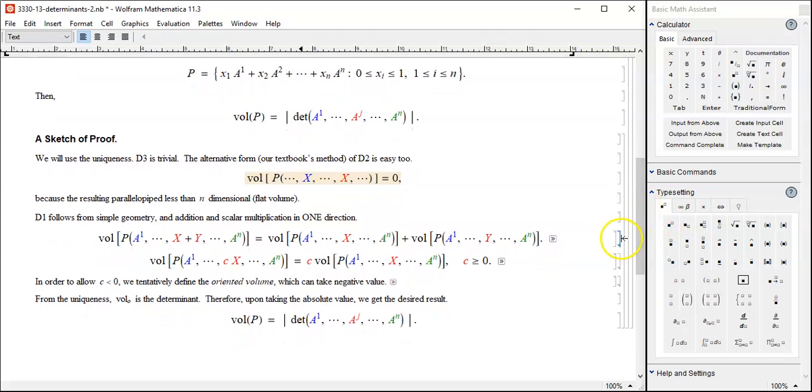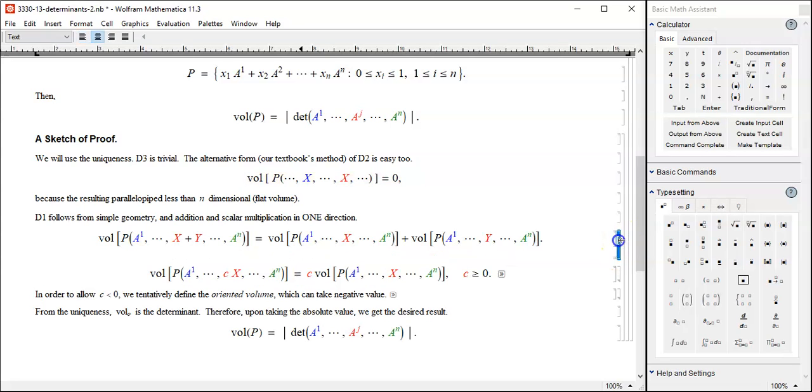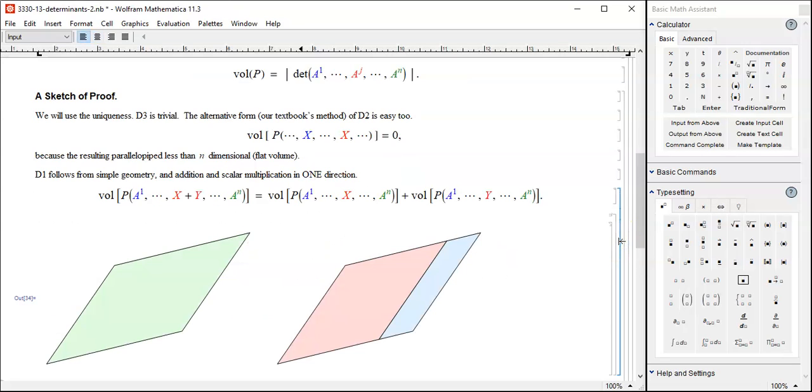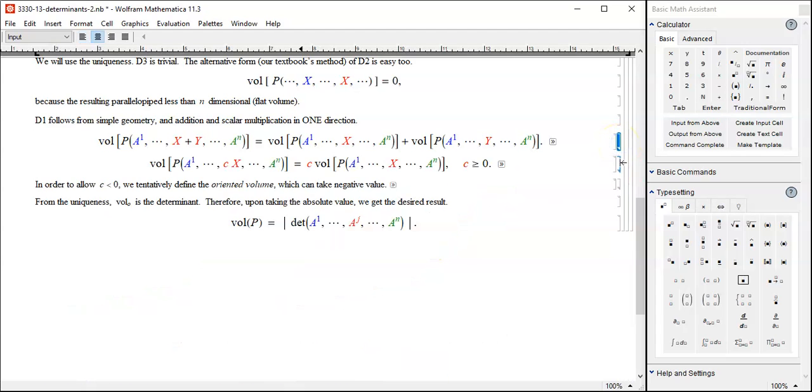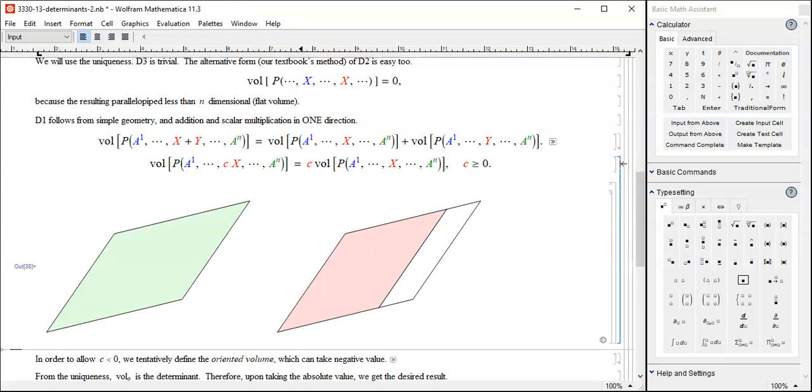Now, how about multilinear? With respect to one direction, if you add, so this is a sum and this is red plus blue, you're simply adding the areas. Green area is red area plus blue area. So yes, it preserves addition. And then how about scalar multiplication?